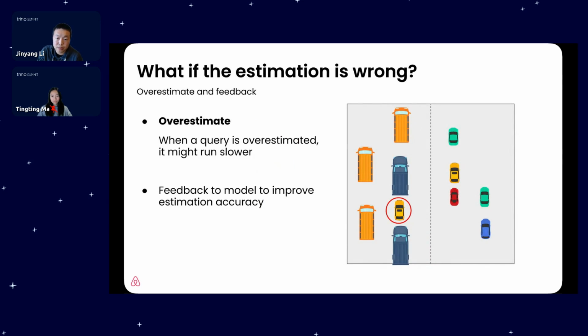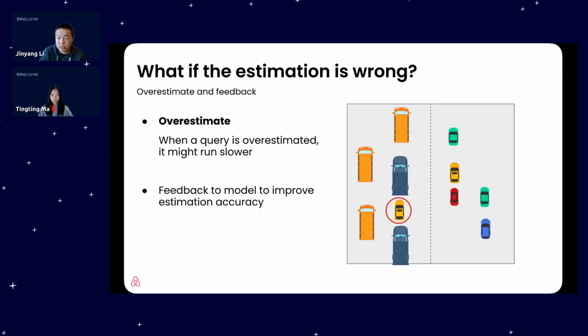Sometimes the estimation could be wrong, so how can we handle the case of incorrect estimations? There are two possible scenarios: overestimate or underestimate. When the workload forecasting service overestimates a query, which means the predicted size is large but the query is actually a small one, the small query could be assigned to run with other large queries in a congested environment.